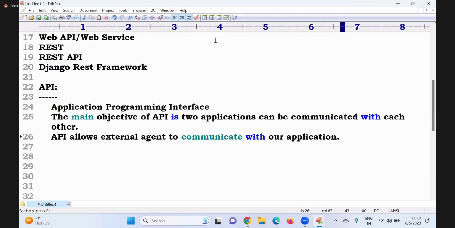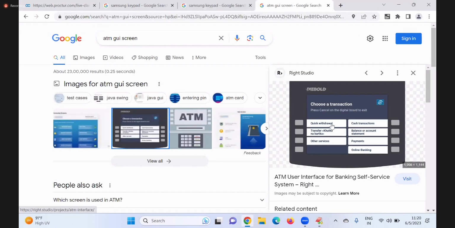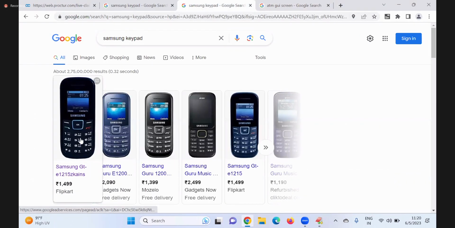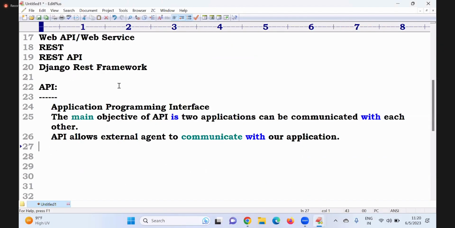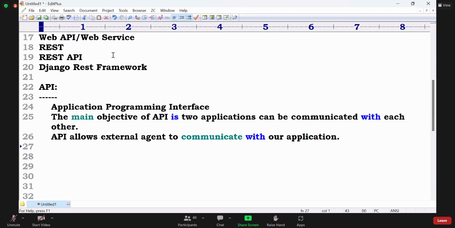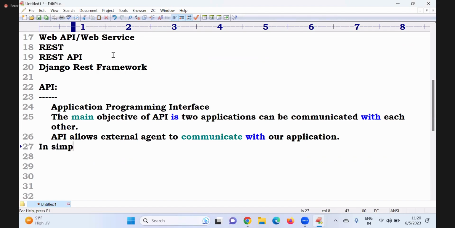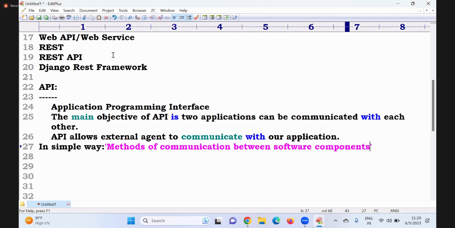So as I just told, two examples. One is the ATM GUI screen. One is the Samsung keyboard to access the functionalities. These both are nothing but API. In a simple way, what we are telling is the methods of communication between software components.